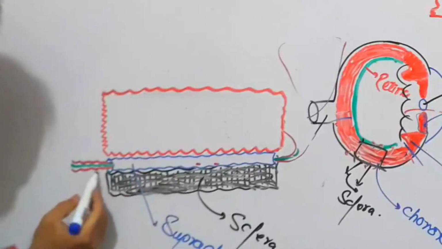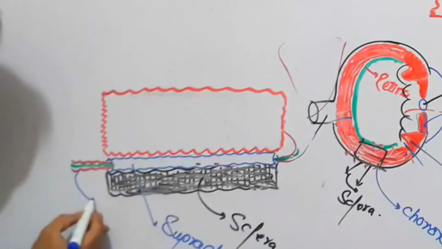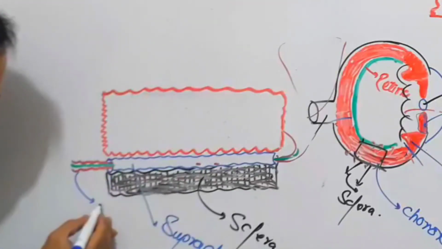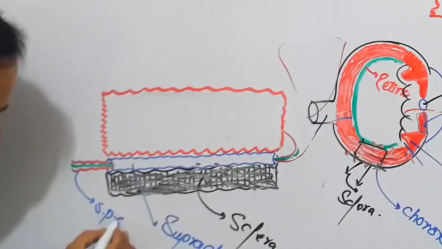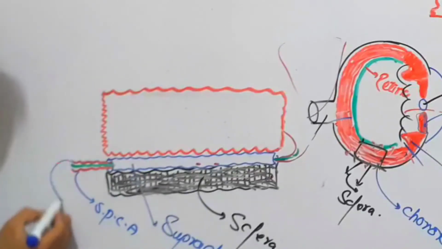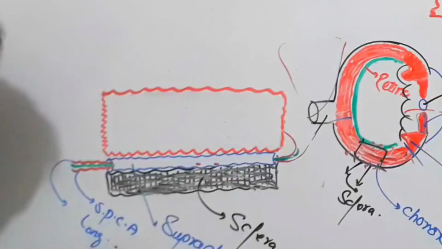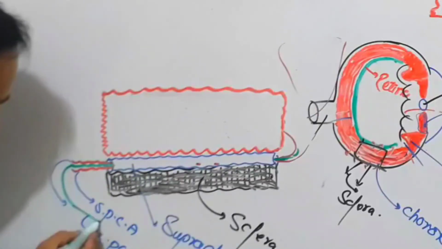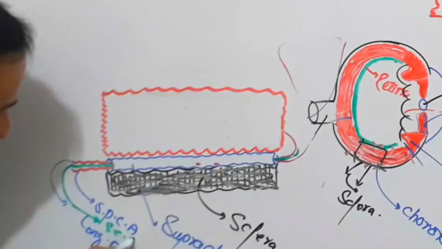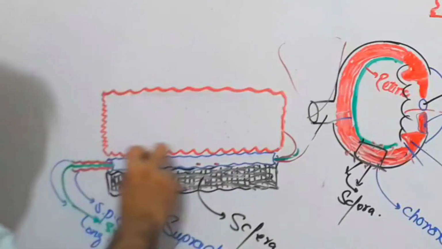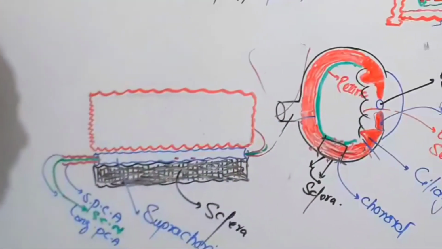So what passed through the suprachoroidal lamina? As I have told you here, the short posterior ciliary artery and the long posterior ciliary artery, right? And the short posterior ciliary nerve, or we say short ciliary nerves, pass through the suprachoroidal lamina and then go anteriorly.